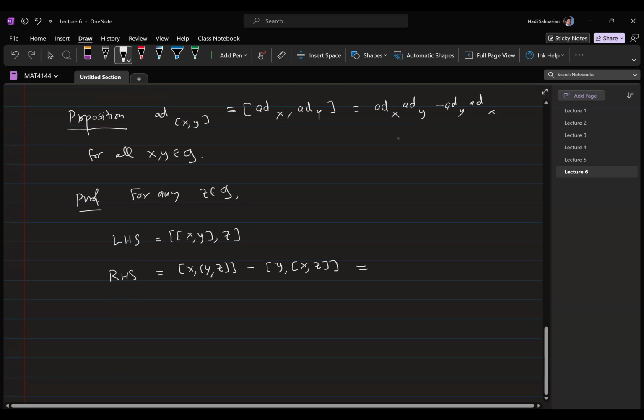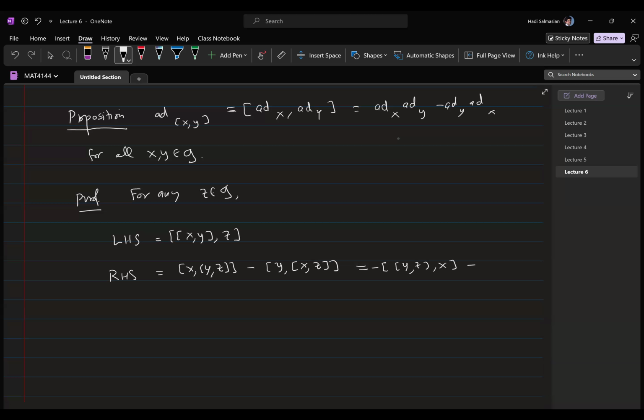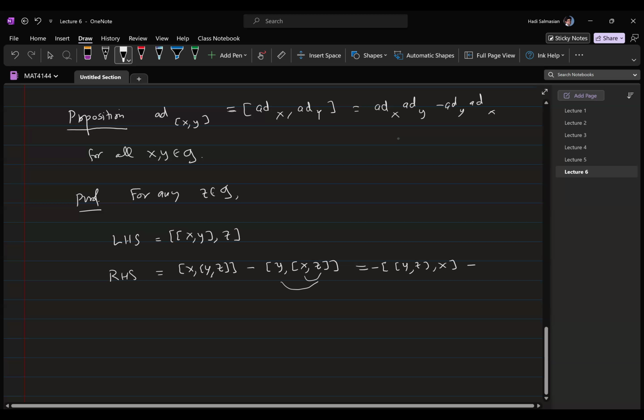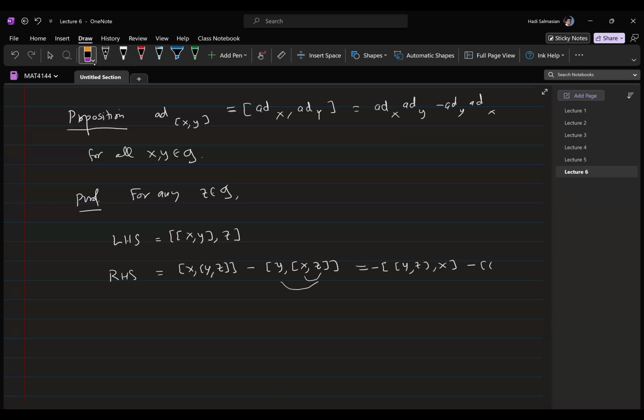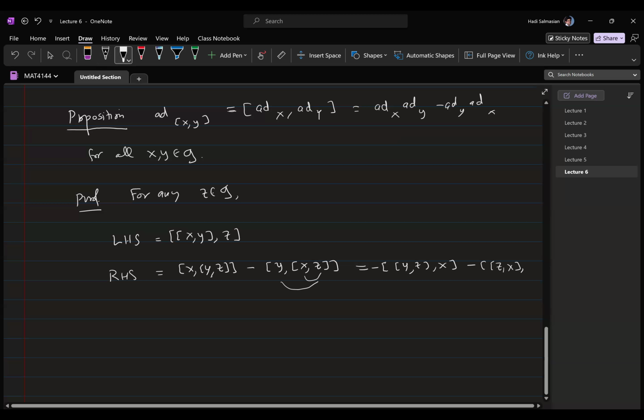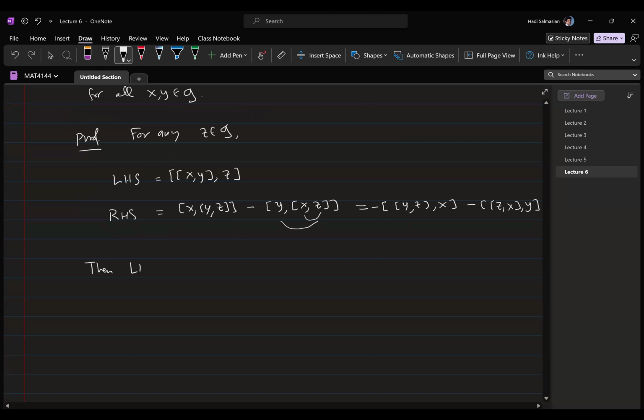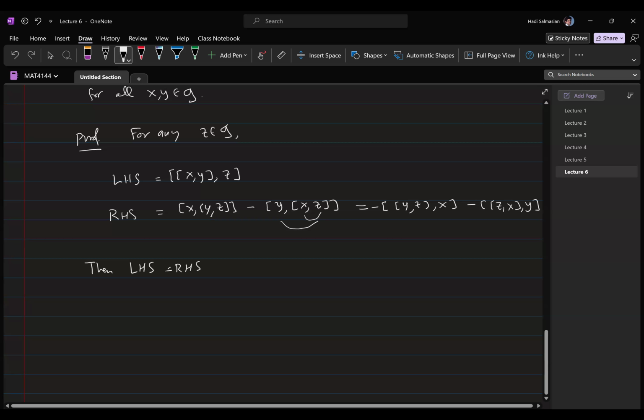So I first want to write it as a left aligned bracket. So I write the first one as minus [[y,z],x]. And the second one, I can just switch these two and these two, so I'll get [[z,x],y]. Okay, so I do two switches. Two switches don't change any sign. So now you see that the equality left-hand side equals right-hand side is equivalent to the Jacobi identity.